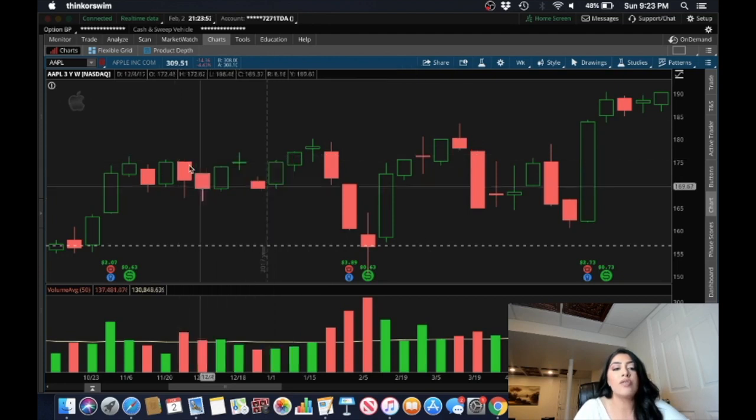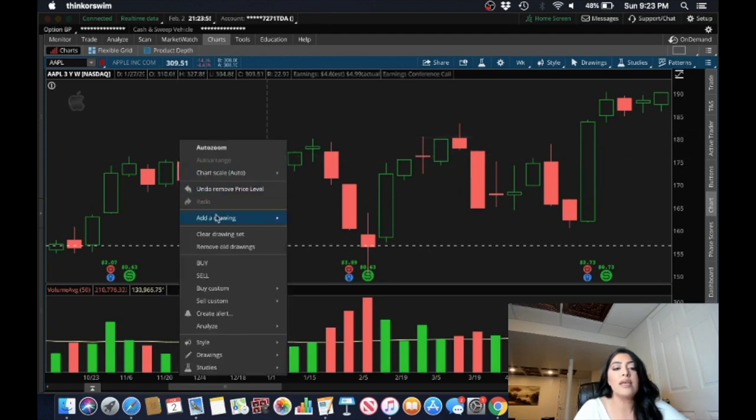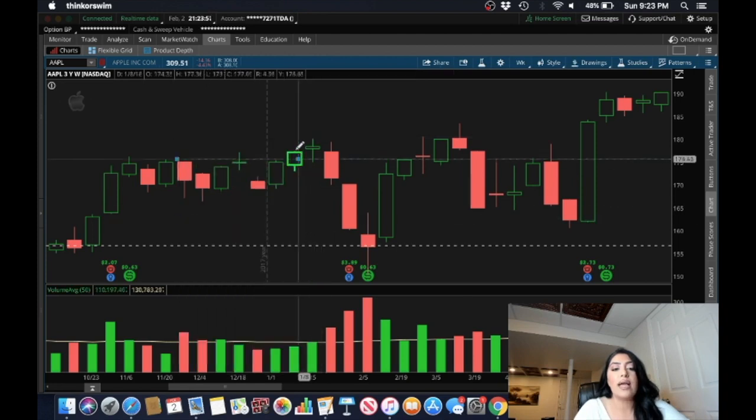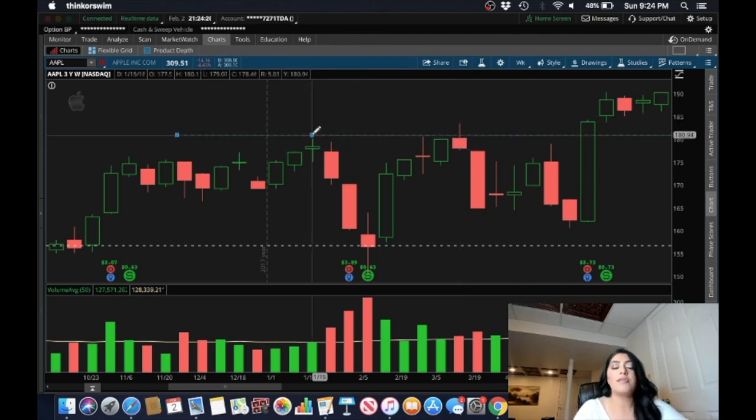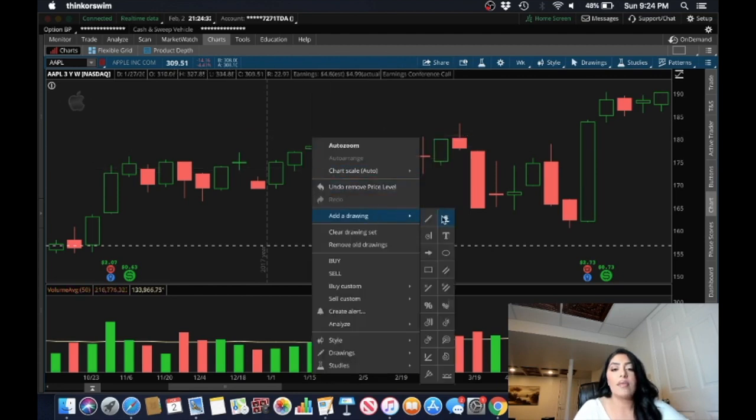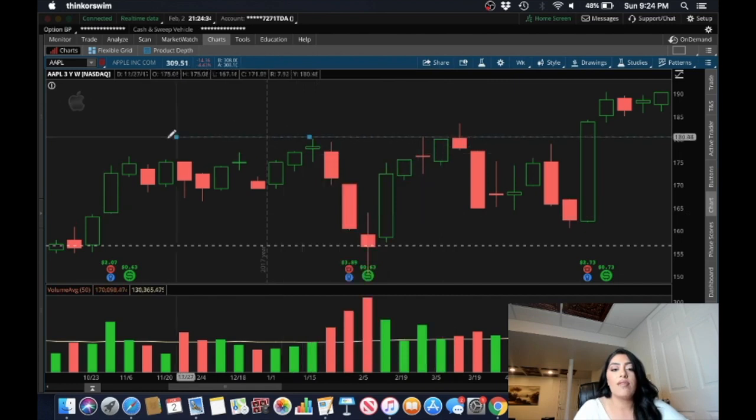So I'm actually going to remove this drawing and move this to the next highest candle up, which is this one right here. I'm not going to move it to this wick because it looks like an abnormality. It doesn't really look like the stock took a strong push up. The January 15, 2018 candle, I'm going to use that as my resistance area, kind of in between this area and this area of resistance.